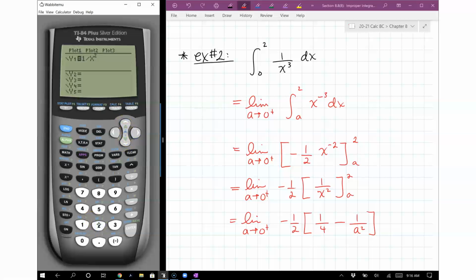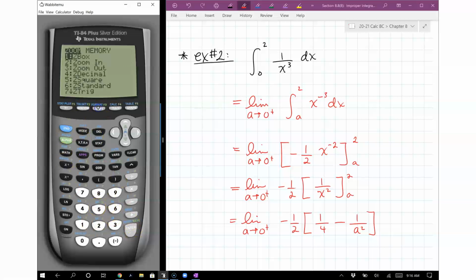Put a 2 there and graph it. Okay, so let me do a standard window, or a standard zoom, I mean. 6, 5. All right.